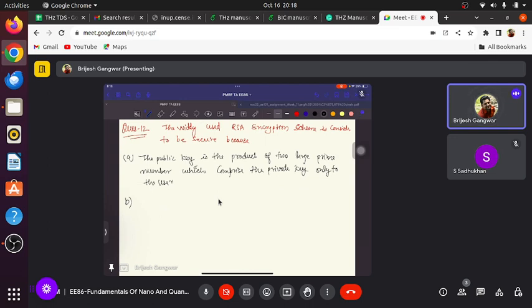B option is the public key is the product of two large prime numbers, which comprise the private key known to everybody.